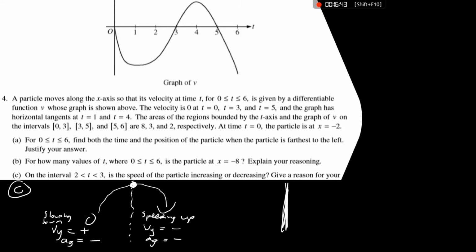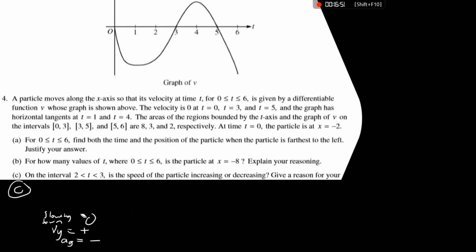Okay, so let's try it with this question we've got here. I want to know, on the interval from t equals 2 to t equals 3, is the speed of our particle going to increase or decrease?